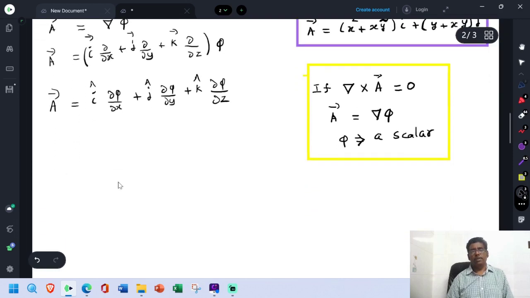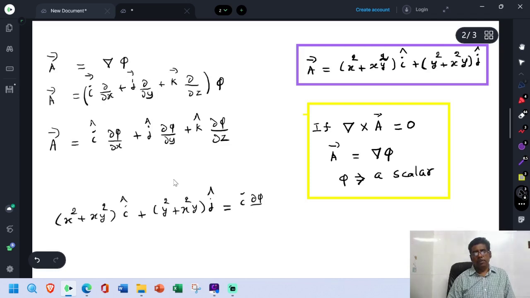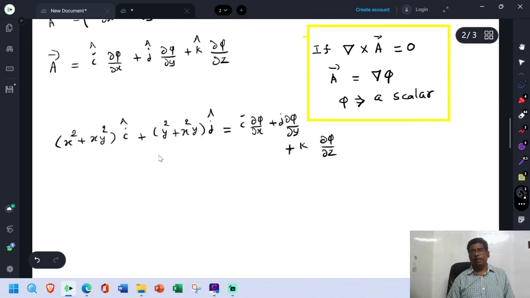Now substitute the value of A in the above equation. x square plus xy square into i plus y square plus x square y into j should equal i into dou pi by dou x plus j into dou pi by dou y plus k into dou pi by dou z. Now we have to equate the coefficients of i, j and k.